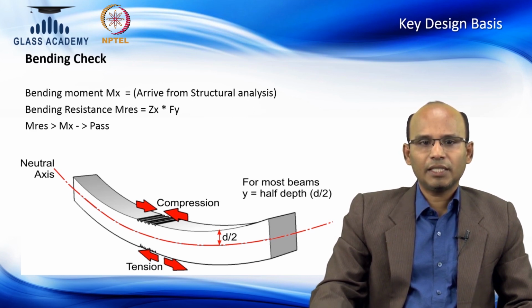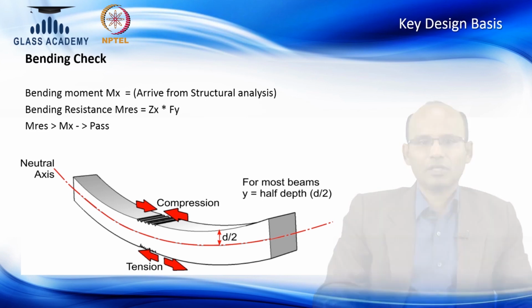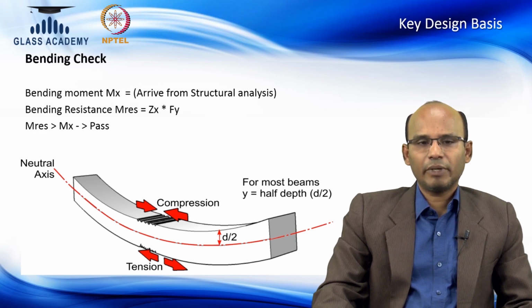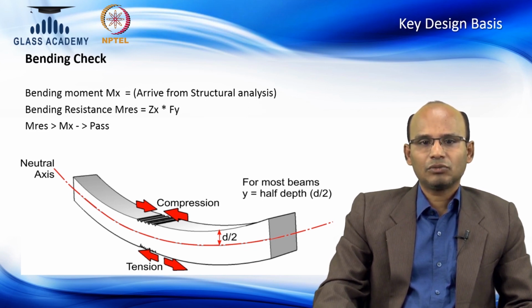If the glazing system is going only from floor to floor, not vertically continuous, then the members can be designed as a simply supported bending element. In that case, if the beam is vertically supported, simple bending theory like WL squared by 8 is applicable, which is a bending check.